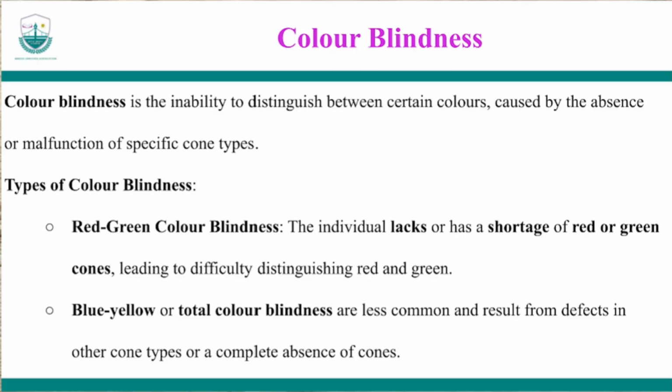Most people who have this condition have red-green color blindness. That means the person is having issues with the red and green cones, so they have difficulties distinguishing between red and green.